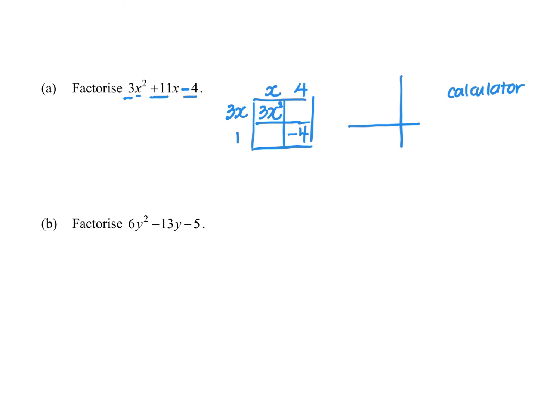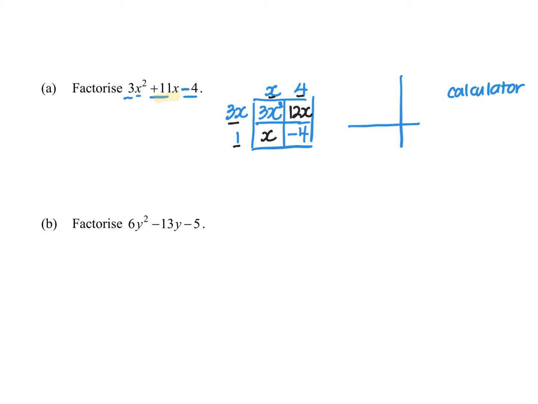But at the same time, I must also try to aim to get the value positive 11x. So in this case, I'll need to take 3x times 4 to give me 12x, and 1 times x to give me positive x.